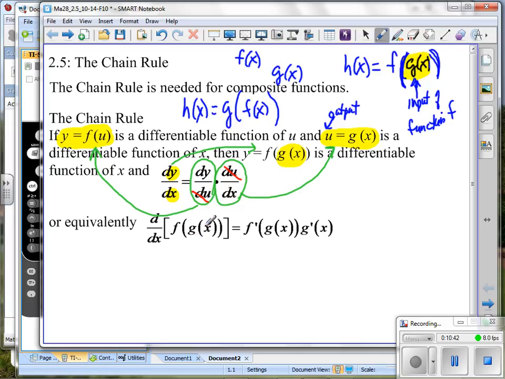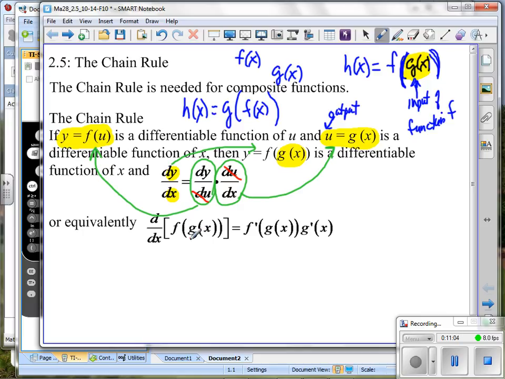Now, again, what does g of x represent in this f of g of x? G of x is the input expression. It is also, in and of itself, a function. And that function sits inside the notation for a function f.